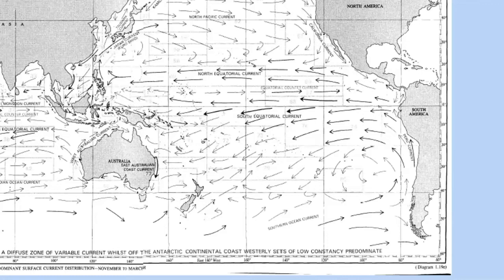And this one will connect to the Southern Ocean current, and then it will connect also to the Peru current or the Humboldt current. So there is also a circulation which is counterclockwise in the southern hemisphere.